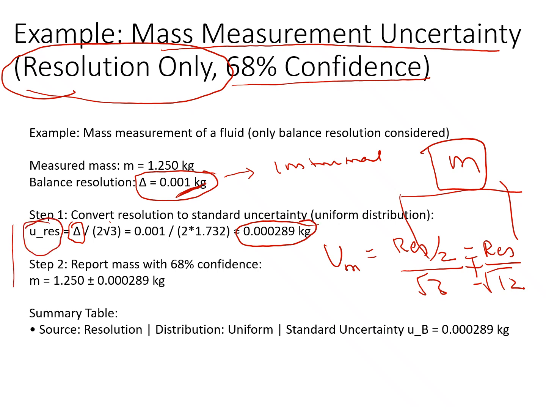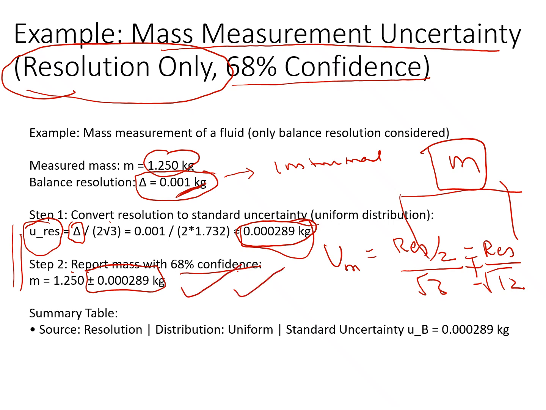So this type of calculation you have to do in the lab. I think we are doing it for any instrumentation that you use. So you're at 68% confidence. So this is the mass, and then the type B uncertainty is this value which you get from here.